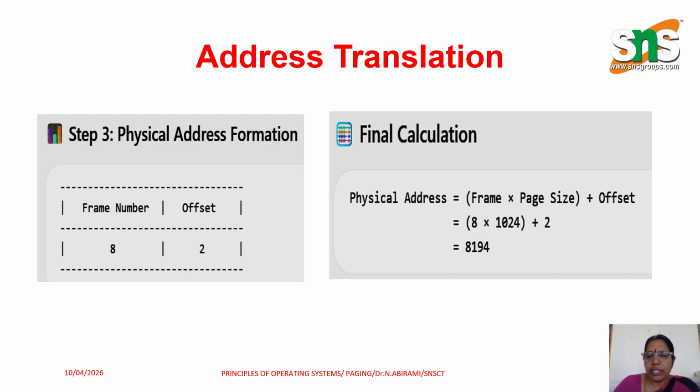The final calculation: each frame has the same size as a page, so the page size is 1024 bytes and the frame size is also 1024 bytes. The frame number 8 multiplied by the page size 1024, plus the offset 2, gives the physical address as 8194. So this is how we do the address translation.